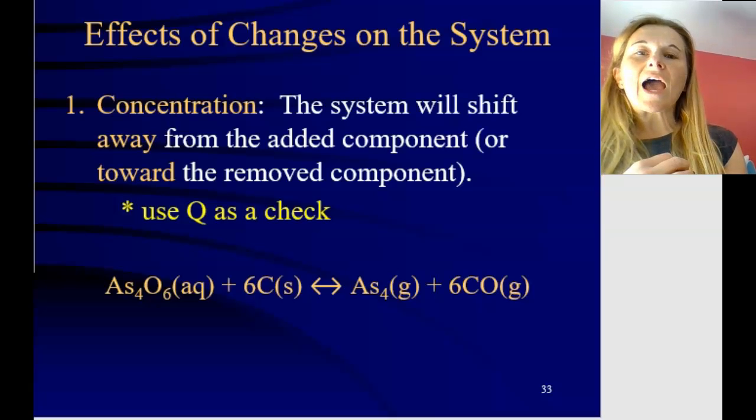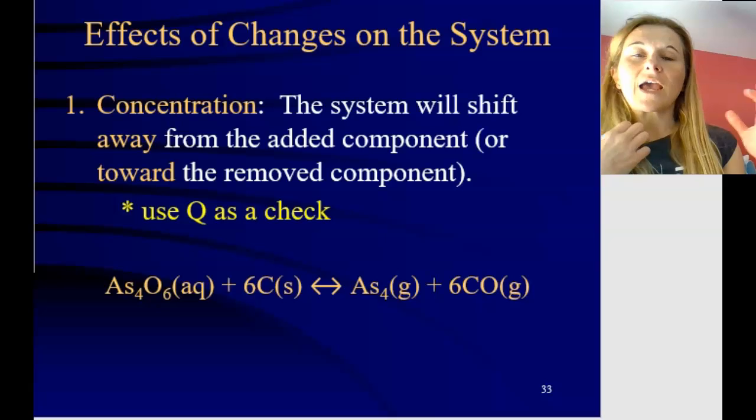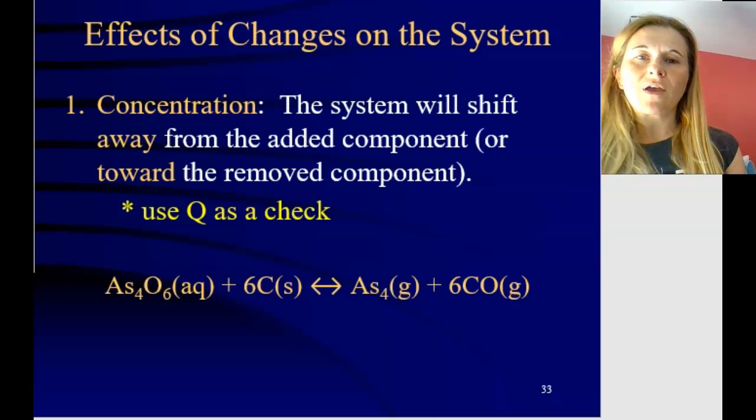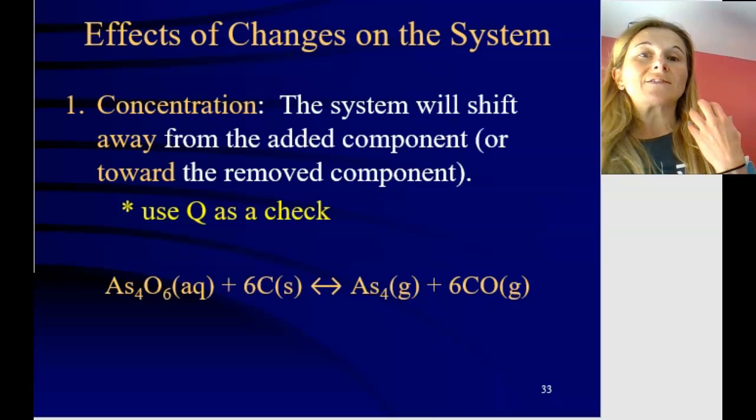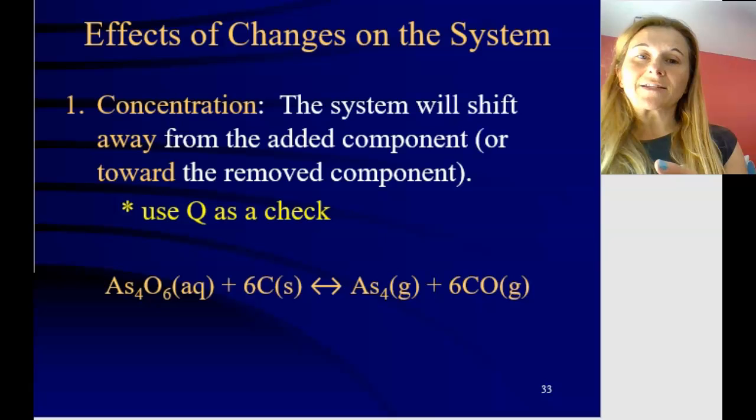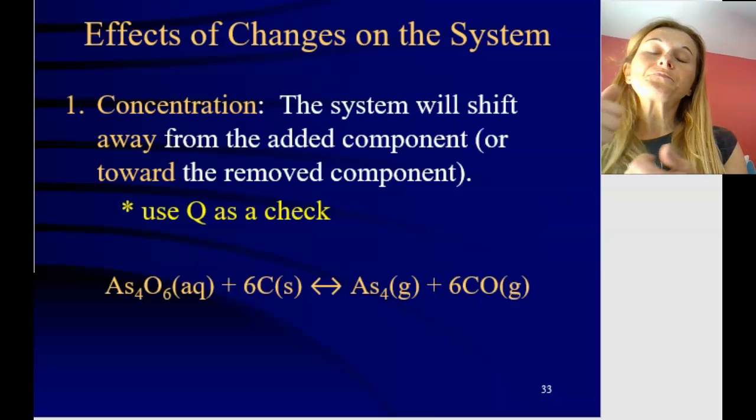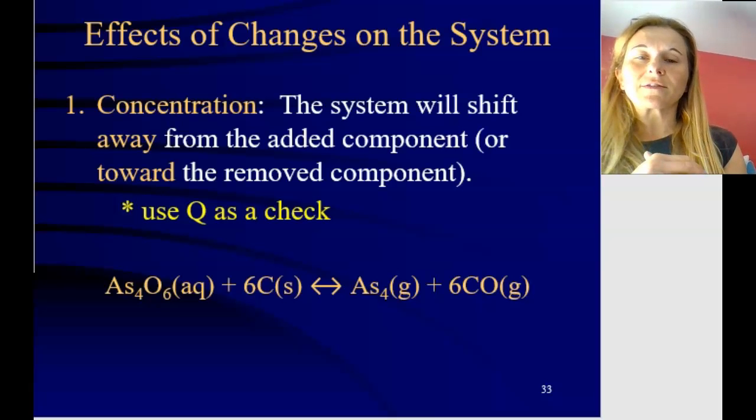And as we have more product and less reactants, we're going to slow down. But if someone comes in and adds a whole bunch of reactants, brings us more ingredients for our s'mores, then we're going to speed up making more products.